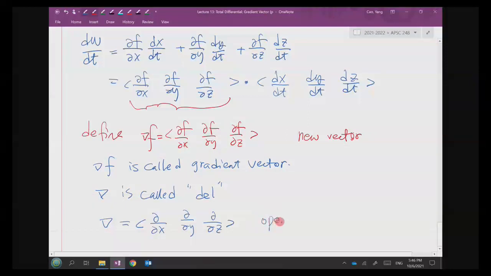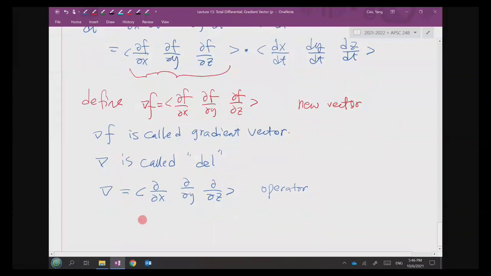Okay. So now it sort of concludes this journey of the calculus from straight d to partial f, and then to this del f. So how do we actually operate on a scalar function? If it's a single variable function, straight d.